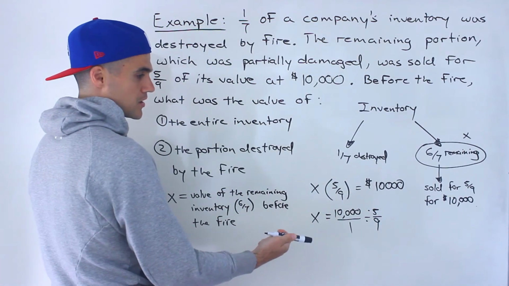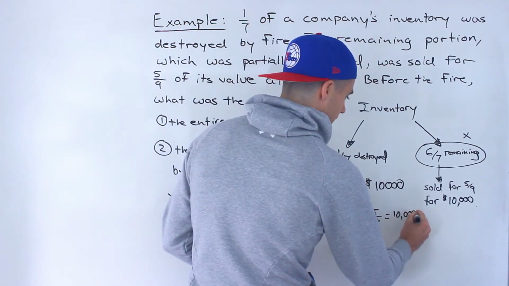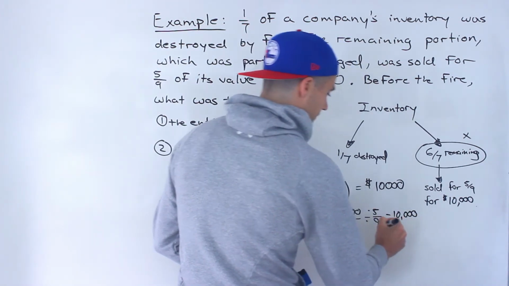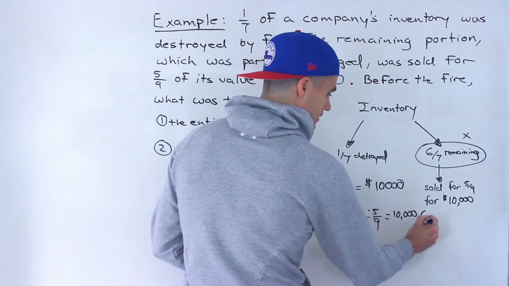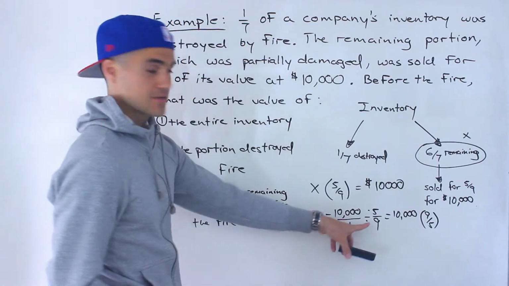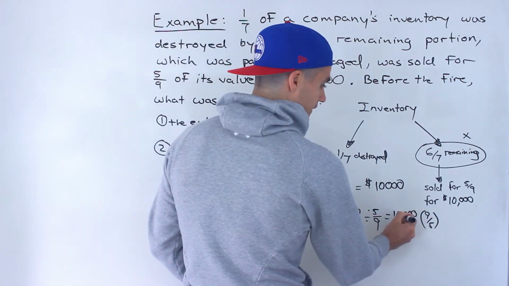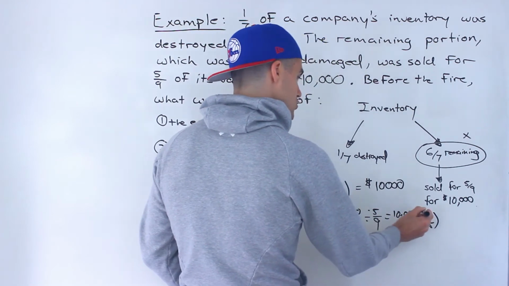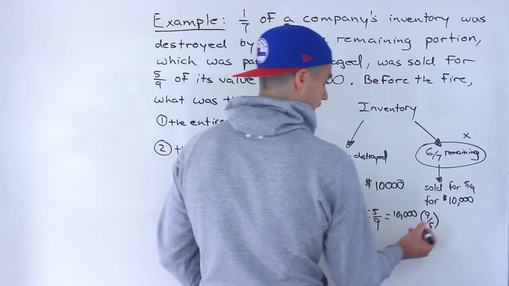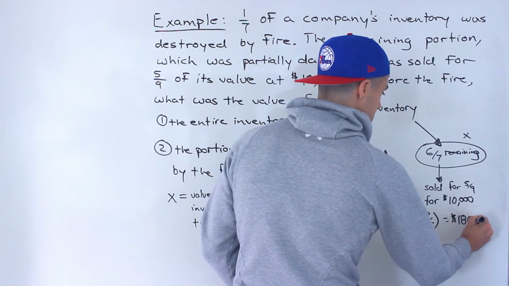That's 10,000 times 9/5, the reciprocal. Notice 5 goes into 10,000 2,000 times, and 2,000 times 9 gives us 18,000. So that's what x is.